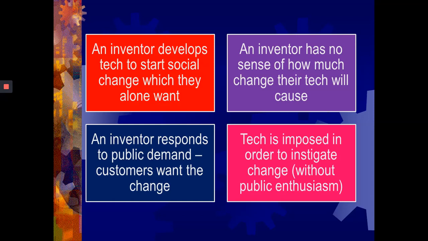Or it may be that some social authority, such as a government is the most obvious example, but there could be a different organisation, decides they want to make a change in society. And they want to make that change even if most other people in society don't want it, but they have decided they want it.